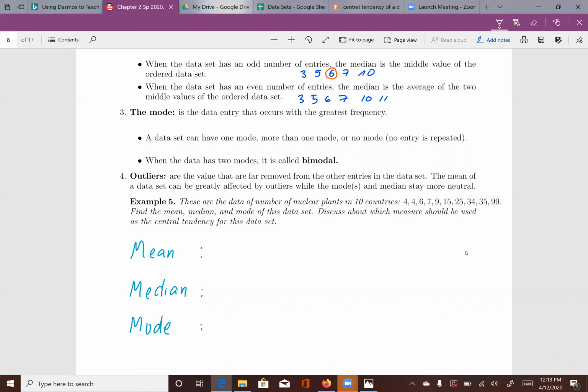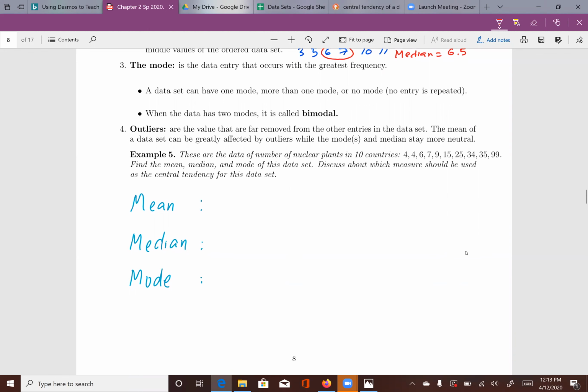I would just take the average of the two middle values. 6 and 7 are the two middle values, and the average of 6 and 7 is 6.5. So the median in the first data set is 6, and the median in this data set is 6.5, which is the average of 6 and 7.